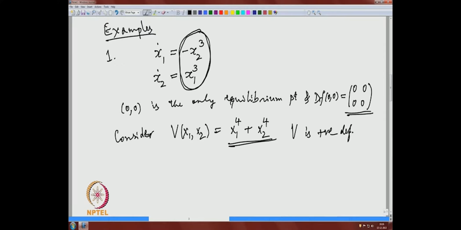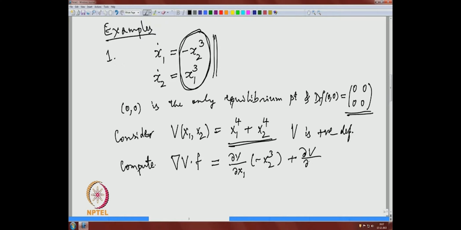So, that is one criterion satisfied, and in order to decide the stability or the instability of the origin, let us compute grad v dot f, where f is the right hand side here. So, this is dv by dx1 times minus x2 cube, plus dv by dx2 times x1 cube.